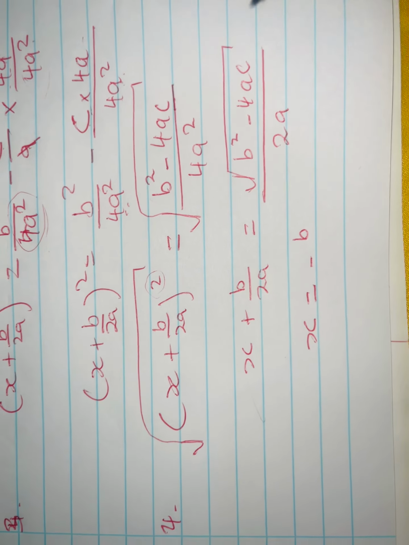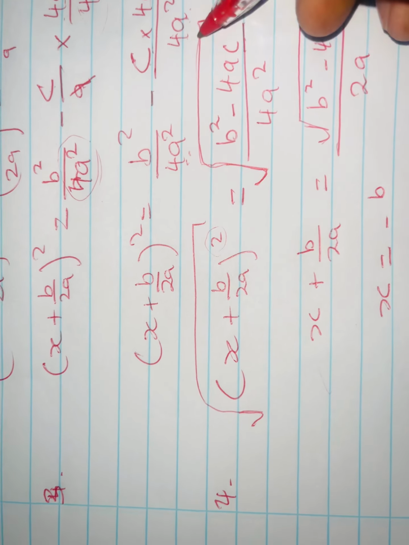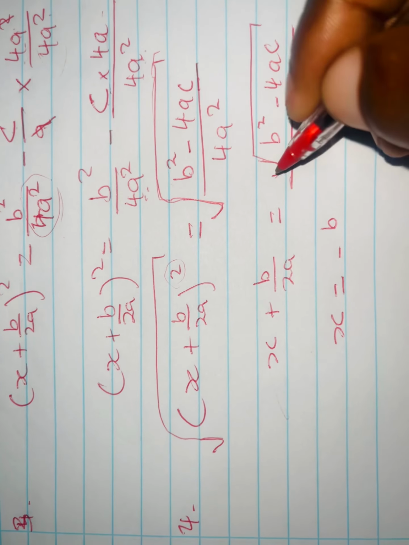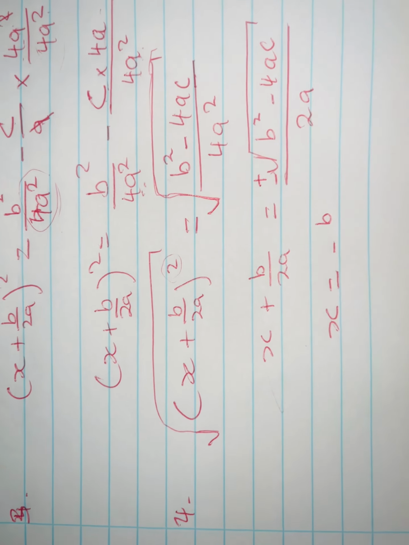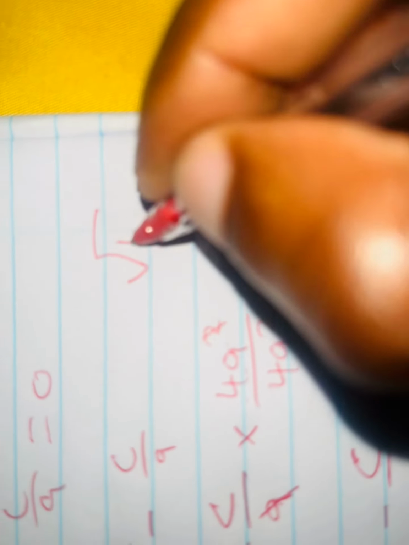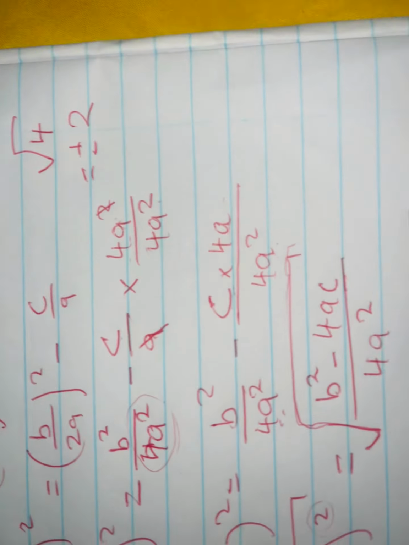Oh, I forgot one thing. Since we put our square root here, the answer will be plus or minus whatever this gives you, because when we have a square root, let's assume we have a root of 4, the answer will be plus or minus 2.